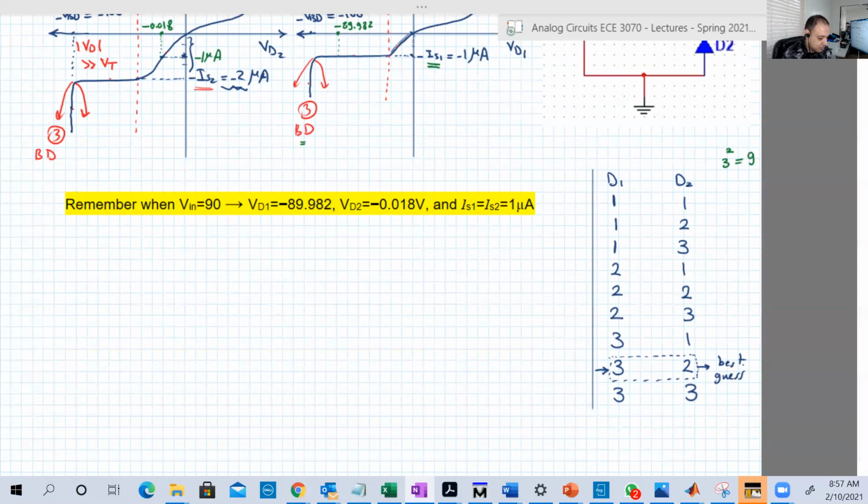Okay, good. So let's assume from the beginning that D1 is in region 3, which is breakdown, and D2 in region 2.